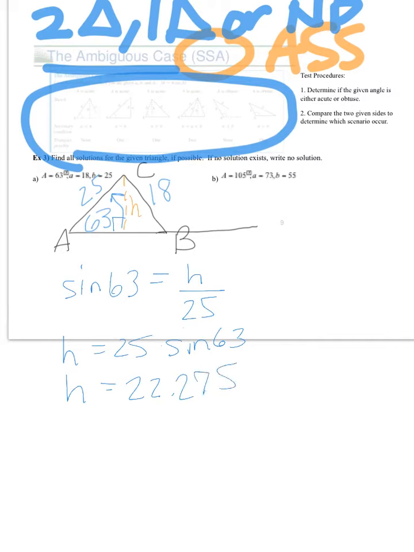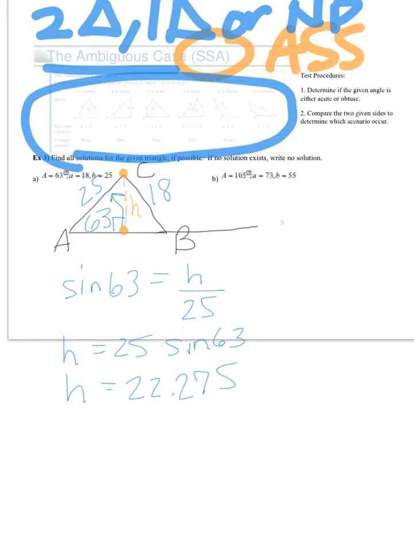22.275. Now, what that means is, you'll remember this from geometry, that the distance from a point to a line, and I've got those points in orange, will always be perpendicular. So H ends up being 22.275.